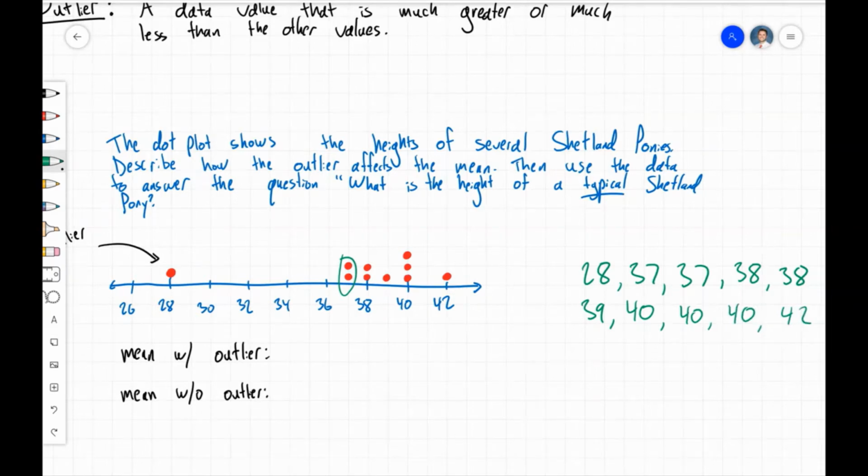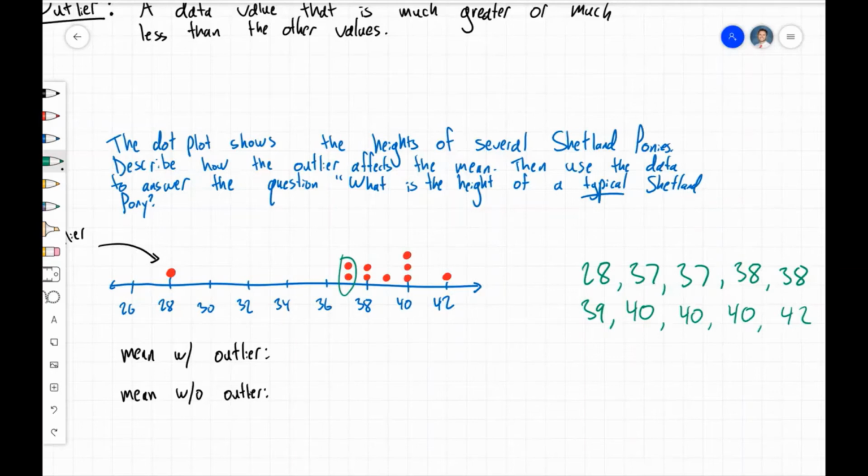We can calculate our mean again by adding all of these values together and then dividing by the number of values that we have. In this case, we have 1, 2, 3, 4, 5, 6, 7, 8, 9, 10 ponies. So we're going to take all of these heights, add them together, and divide by 10.